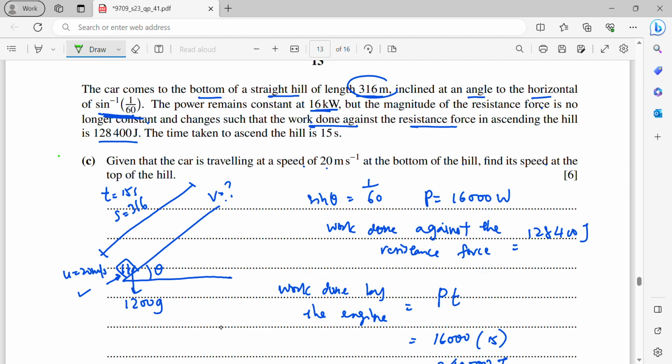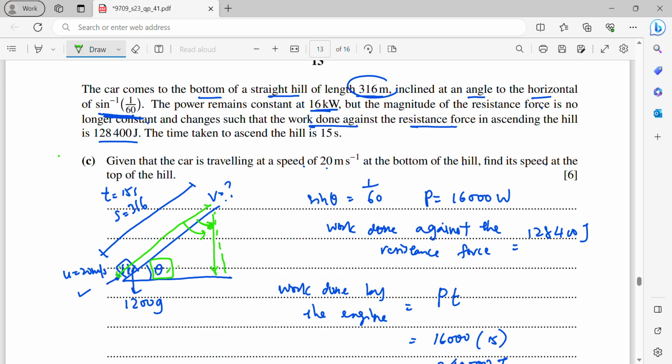So when I resolve this vertically, it's going to be 316 sine theta because I'm using this angle. Okay, but then this angle is not given, therefore I use the other angle. So if I use the other angle to resolve, that means it's going to be sine.